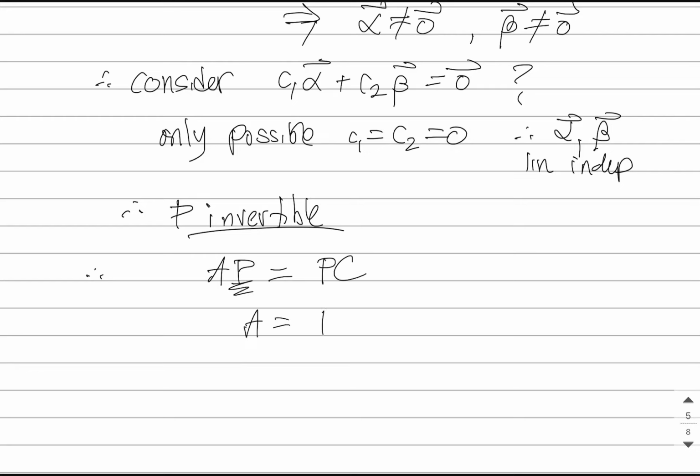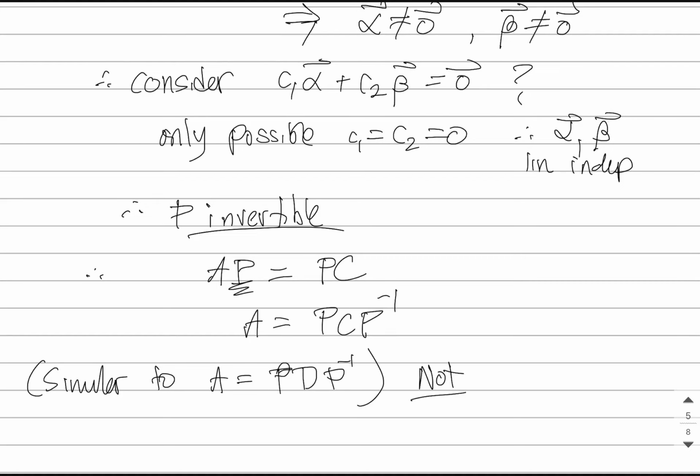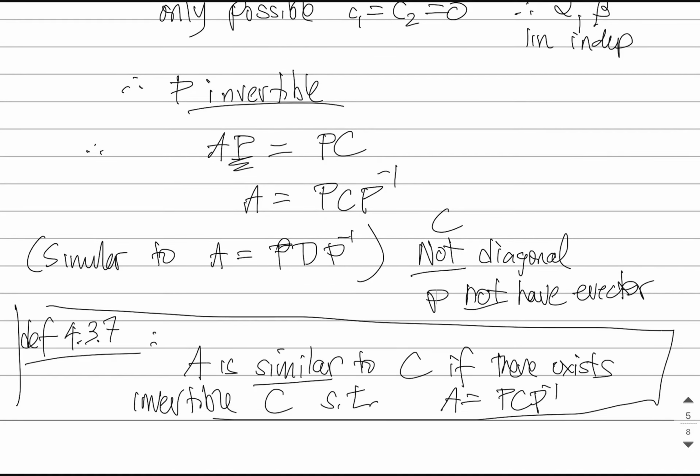And what we'll find is the following. C is not diagonal, and P does not have the eigenvectors. It just has the real and imaginary parts of them. A is not diagonalizable, but A is similar to C. It's this new phrase, similar.